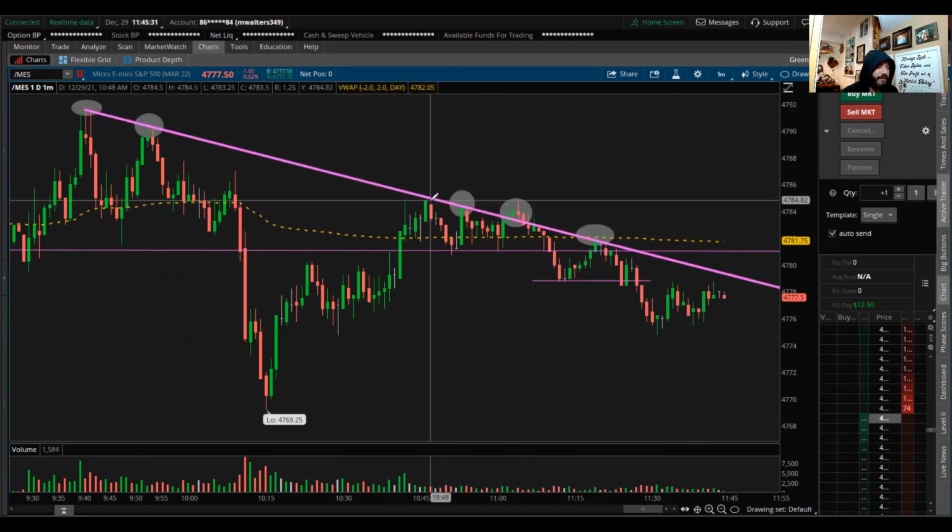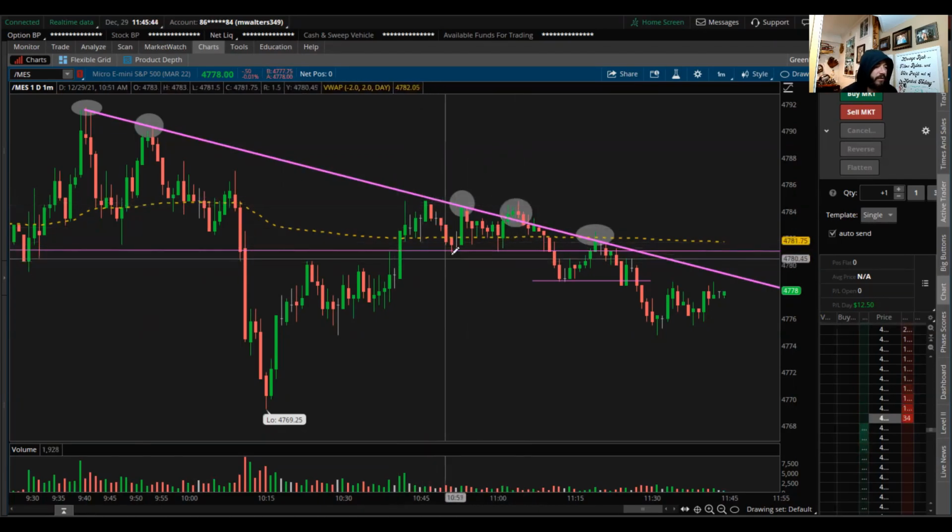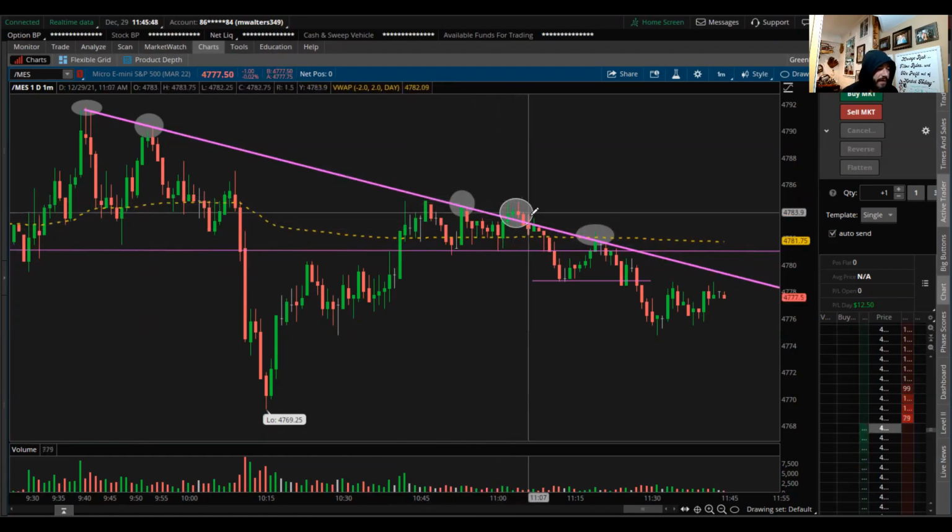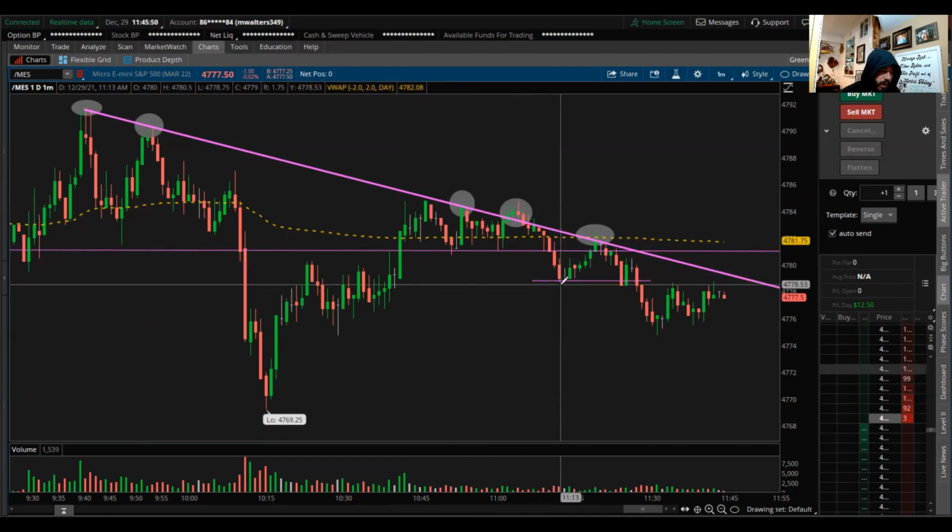So that's a very important area to make sure that you put it right above the previous bars. You don't want to put it at the previous bars because that's where they get you. So the market makers will come up, grab your stops, and then continue to take the market down.